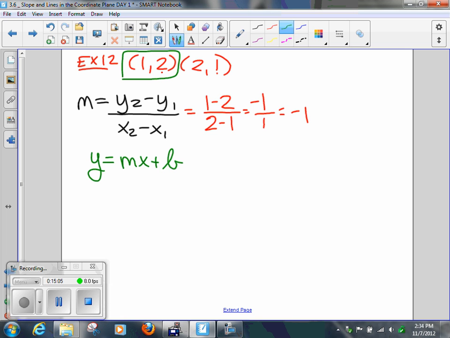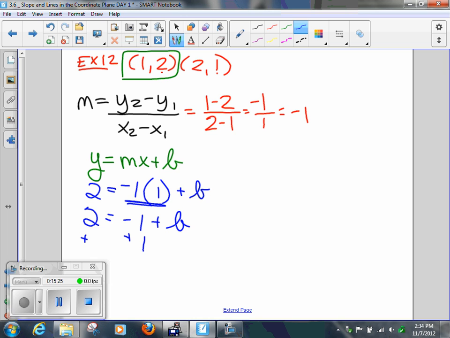What is my y value? 2. My m is -1. My x is 1. And this will allow us to find b, correct? So I've got 2 is equal to -1 times 1, which is -1. I'm going to add 1 to both sides, and I get b is equal to 3.